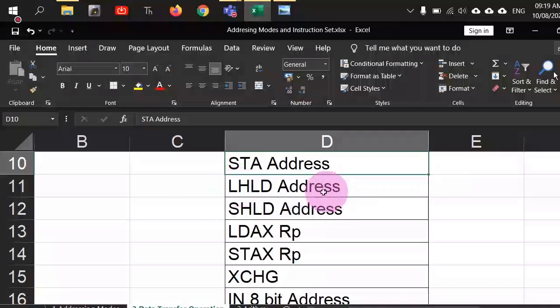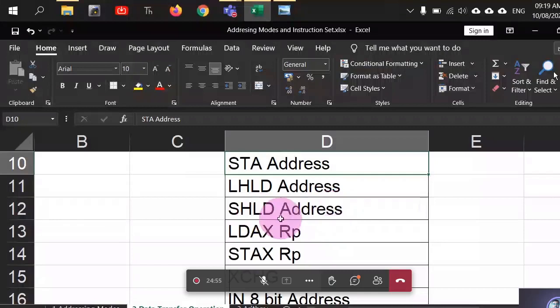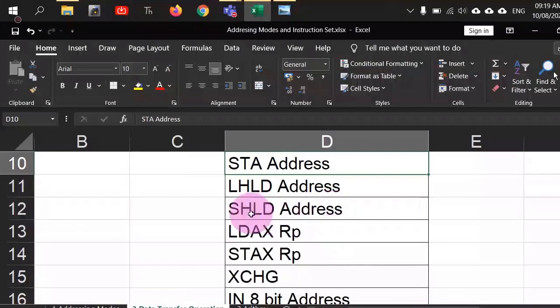So from the address that is given here, it will bring 16-bit data and keep it in the HL pair register. And SHLD will be doing the opposite job. It will have some data in HL register pair, and to the address that is specified in the command, it will copy that 16-bit data into 2 memory locations starting from that address, right?